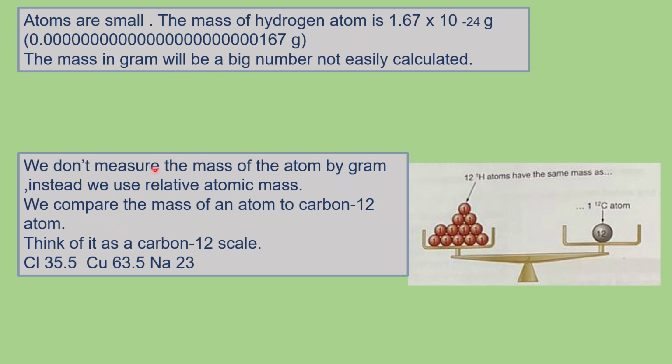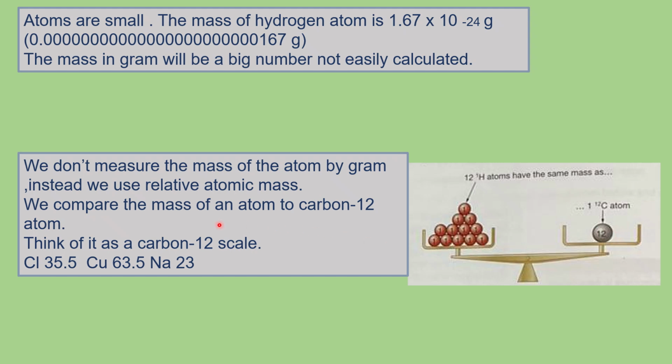So instead, we don't measure the mass of the atom by gram. Instead, we use a relative atomic mass. Now, this is a carbon 12. You can think of it as equal to 12 hydrogen atoms. Each one of them has a relative atomic mass of 1, and therefore the carbon will be 12.